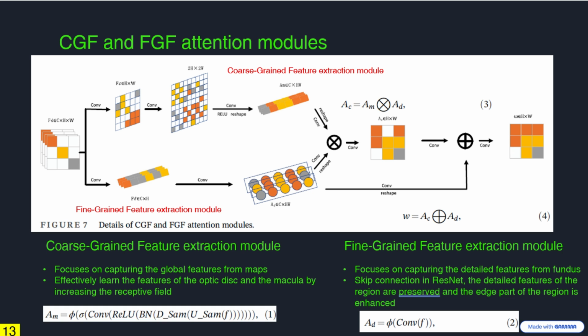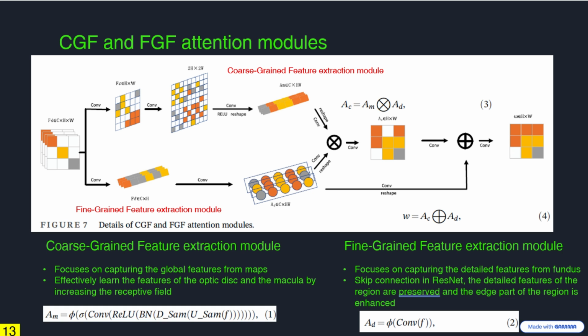Then for the main framework, we use the CFA-Net to effectively learn feature information between the coarse-grained features and the fine-grained features. So we divide the features of this OCTA image into coarse-grained and fine-grained features.